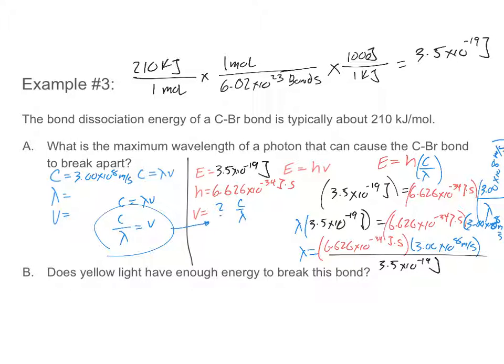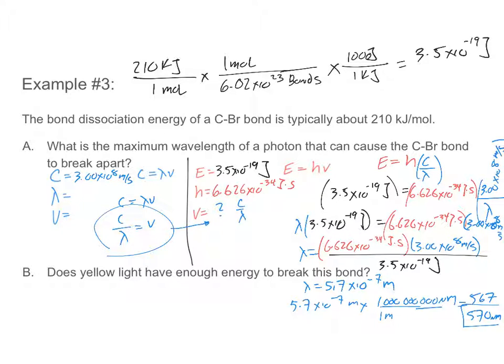So when I solve that out on my calculator, I get a value of 5.7 times 10 to the negative 7 meters, which I need to convert to nanometers. So 5.7 times 10 to the minus 7 meters. 1 meter is equal to 1 billion nanometers, which is 567, with sig figs 570 nanometers.